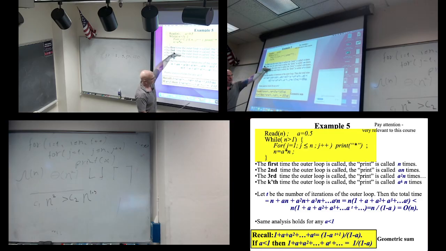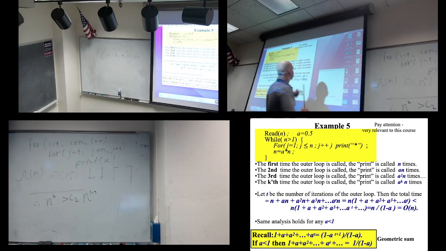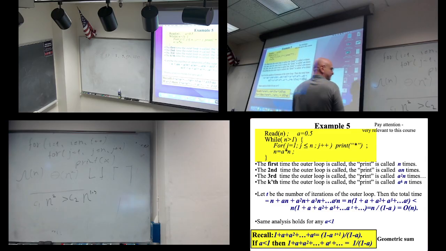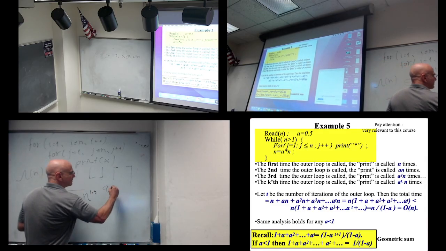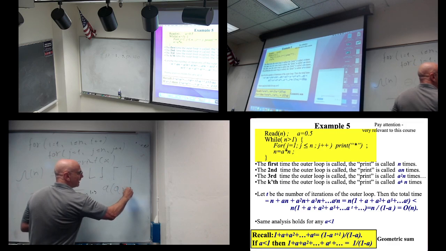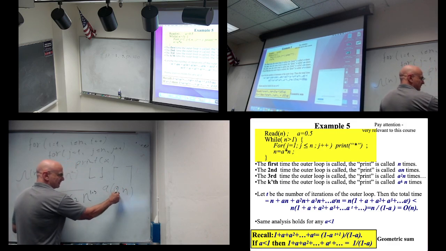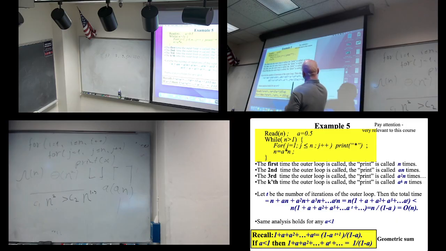So in the next iteration, the third iteration, how many stars? It's a times the older value, which is a times n, so a squared n. After the kth iteration, you're printing a to the k times n. If a equals half, then you start with n, then n over 2, n over 4, n over 8, n over 16, and so on.